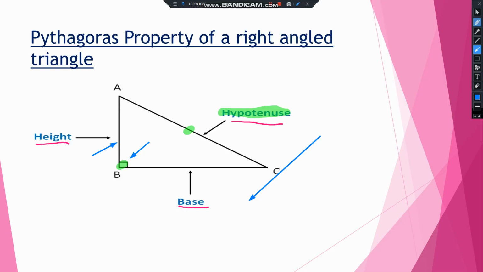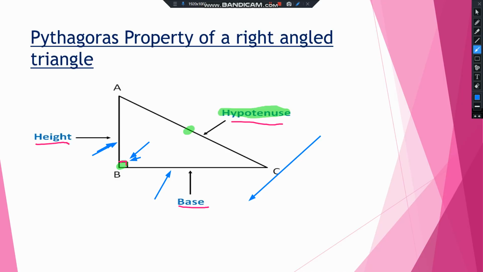So here you can see that this angle is given right angle. So the sides containing, that means this side and this side, they both contain this right angle. So these two sides will be called perpendicular to each other. So any one side can be called perpendicular and the other side will be base.